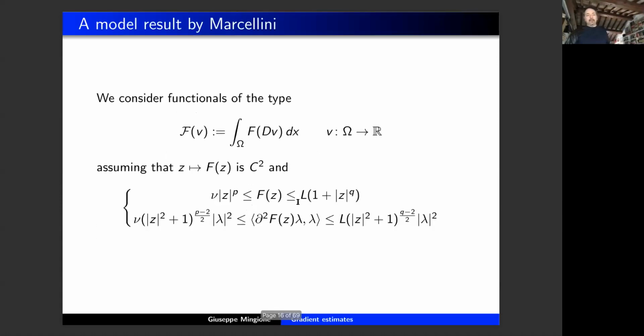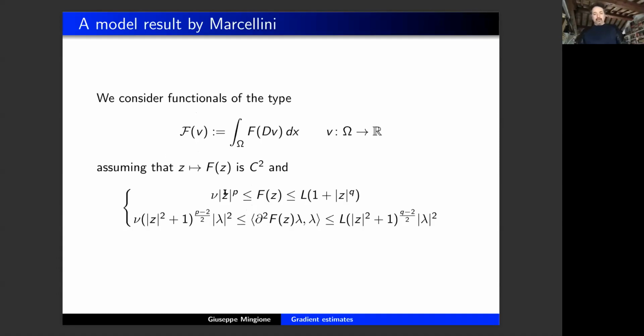In particular, let me give a model result by Marcellini, which is by now a classical result. This is the first general result for these functionals. Actually, Marcellini was the one who pioneered in a systematic way the theory of non-uniformly elliptic operators in the setting of the calculus of variations, because in the setting of the calculus of variations, you can tell much more than in equations.